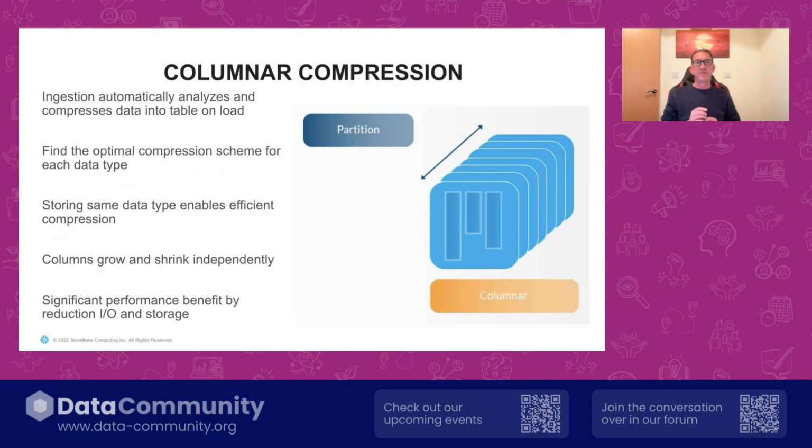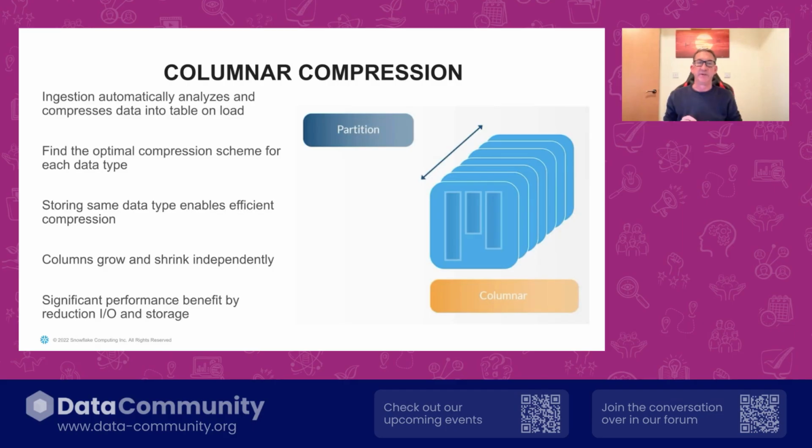So when we do a data load or ingest, we automatically analyze and compress the data into that table and into the micropartitions that support it. We can find the optimal compression for each data type within each column, and we compress each differently and optimally. Storing the same data type sometimes enables efficient compression, and columns can grow and shrink independently.